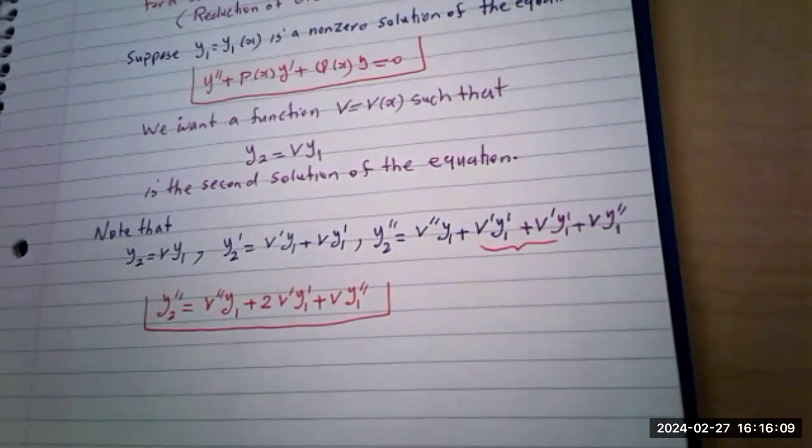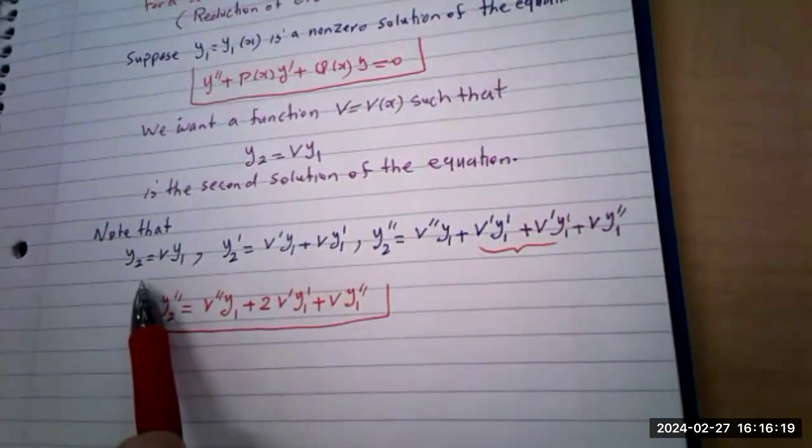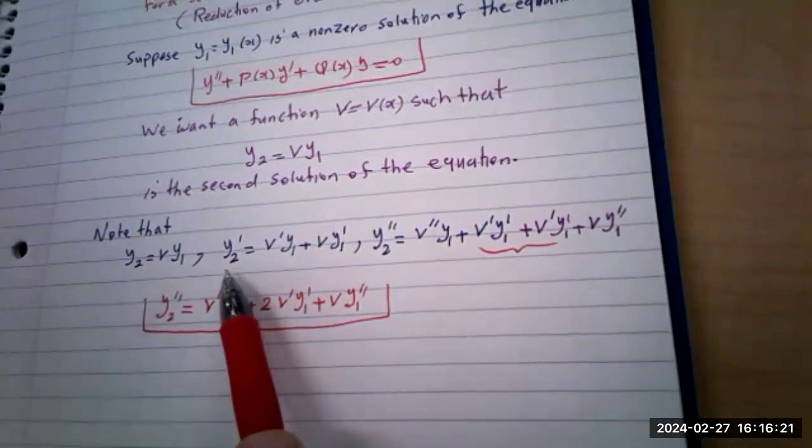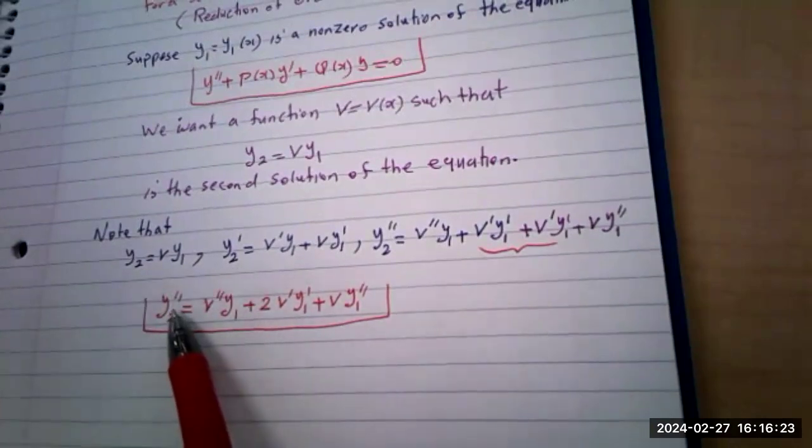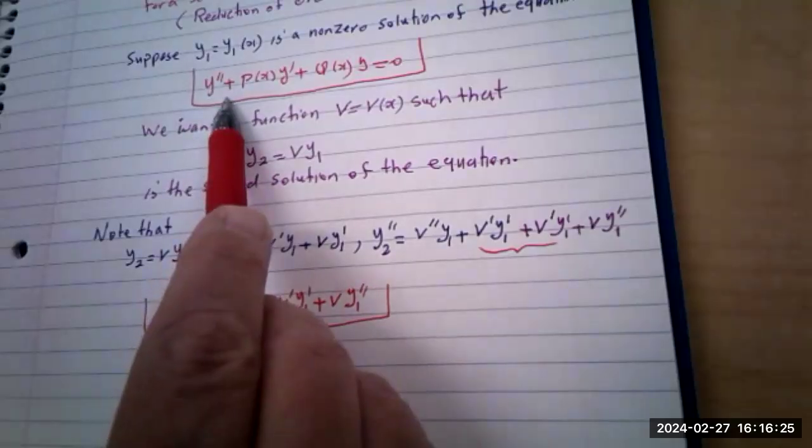So y2 has got to be the solution of your equation, it must satisfy the equation. So what we're going to do is substitute y2 prime and y2 double prime in the equation.